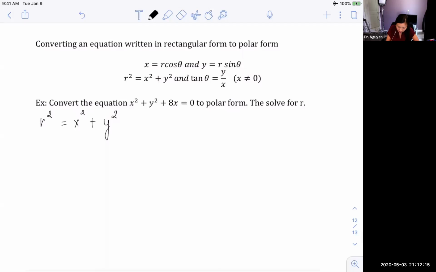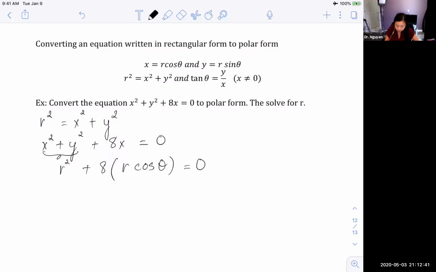Our equation is x squared plus y squared plus 8x equal to 0. But we know that x squared plus y squared is just r squared. So r squared plus 8, and we know that x is r cosine of theta, equal to 0. All right.